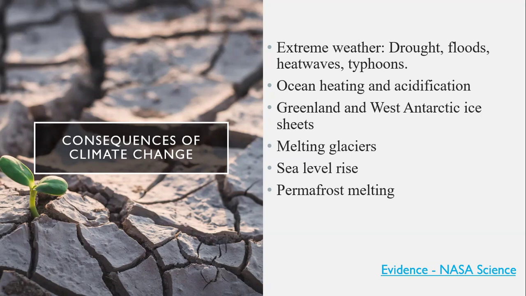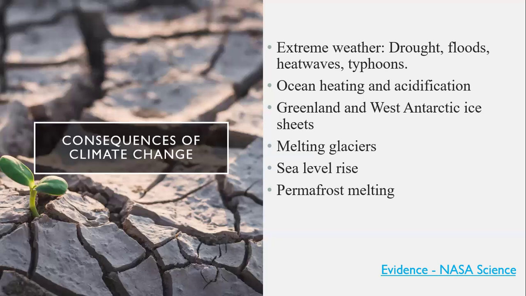The Earth is dangerously close to crossing climate tipping points, critical thresholds where small changes can lead to significant, irreversible shifts in the Earth's climate system, triggering cascading effects.